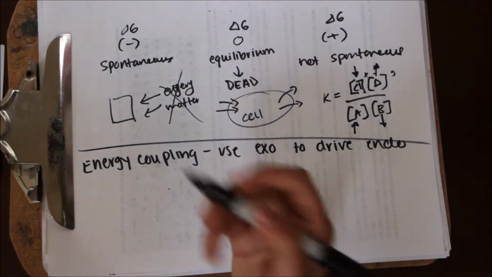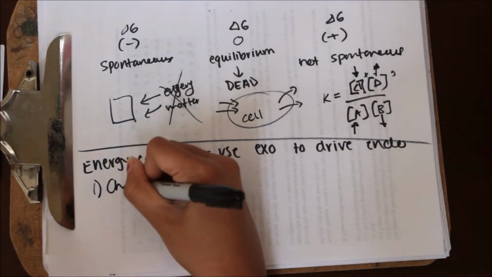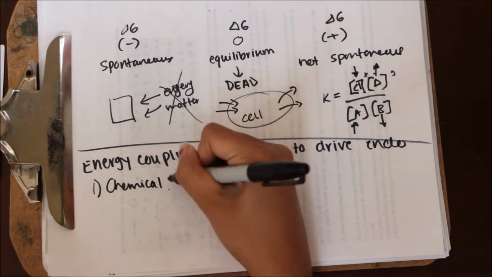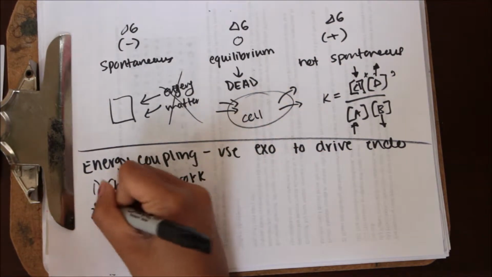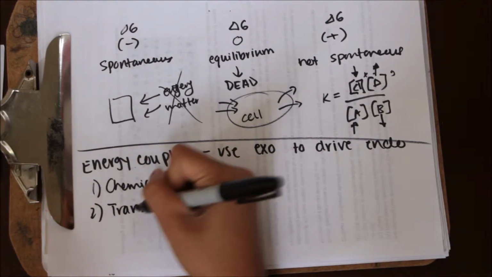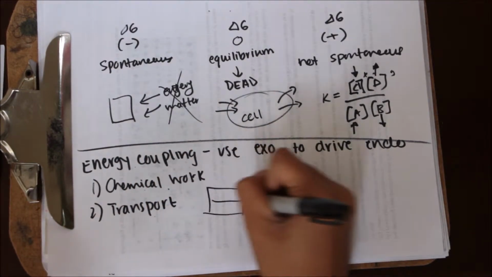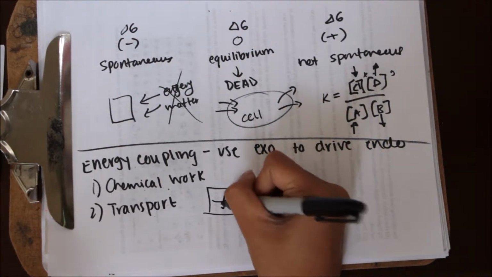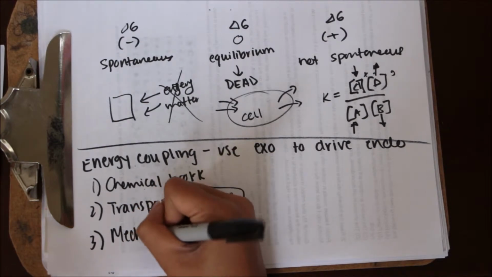In a cell, there are 3 main types of work that need energy. The first one is chemical work. The second one is transport work, which is when you have a membrane and things need to go in and out. And the third type is mechanical work.